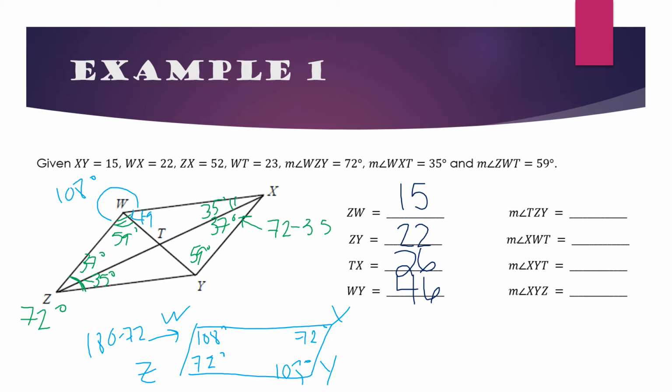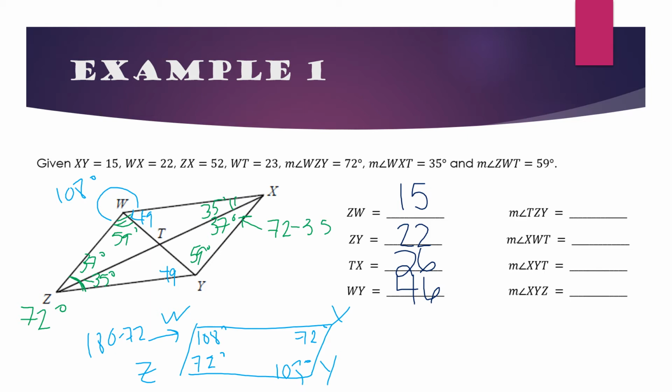And likewise, so that's for XWY, ZYW will also be 49 degrees. And then if I need to find any of those inside angles that come from T, I can use the triangle sum theorem. But let's go ahead and see if we need to find those before we do find them, just so we don't find anything extra.